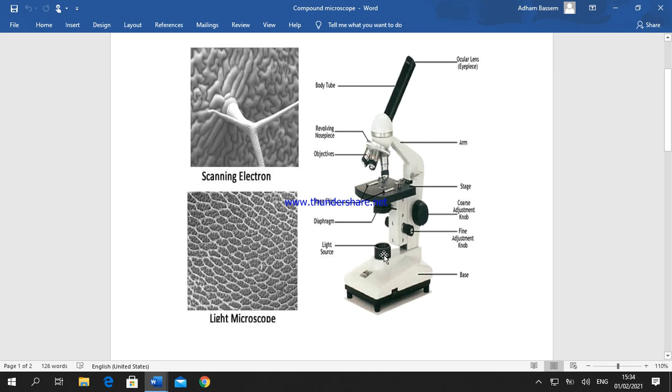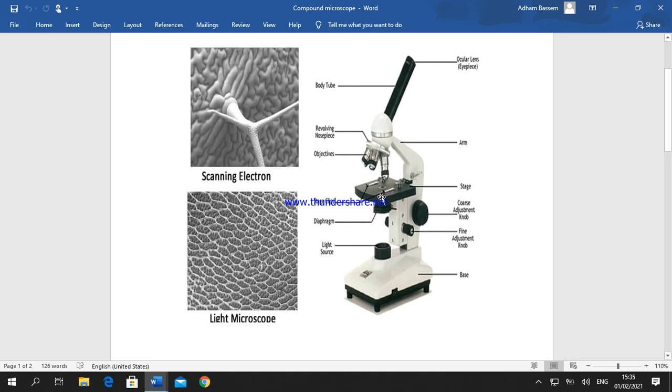Light coming from a lamp in the light source, when we turn it on, passes through the object on the glass slide, then to the lower objective lens, then to the eyepiece, so we can see the magnified image of the slide you examine.